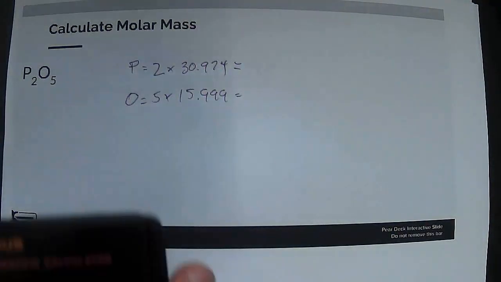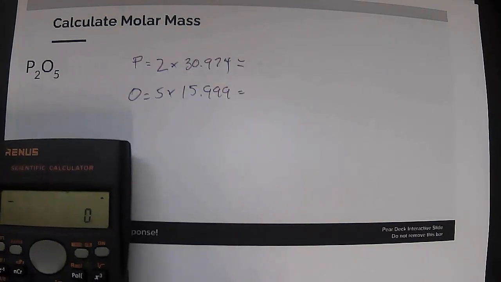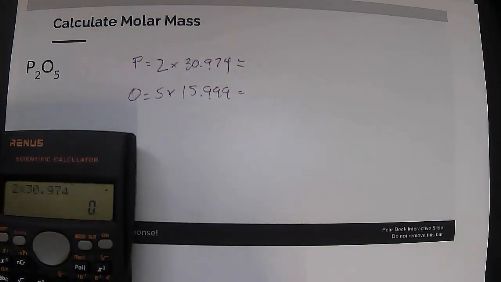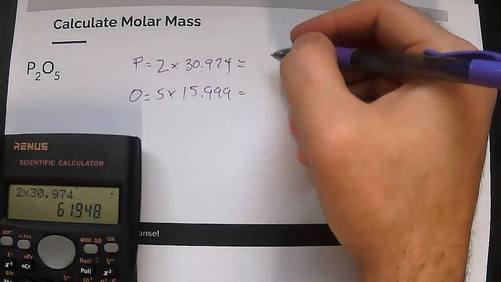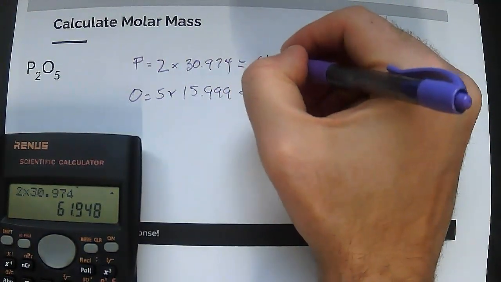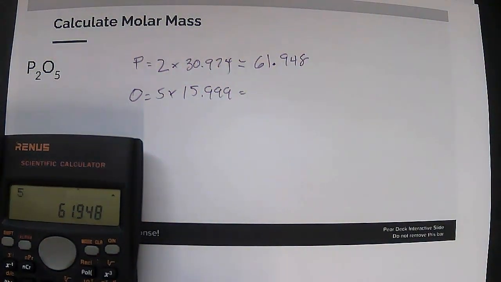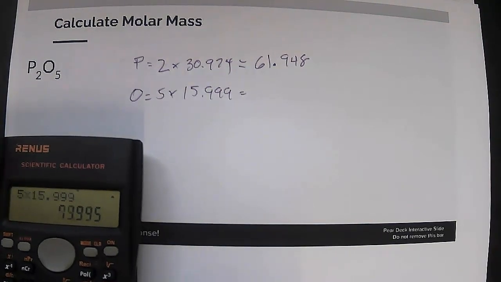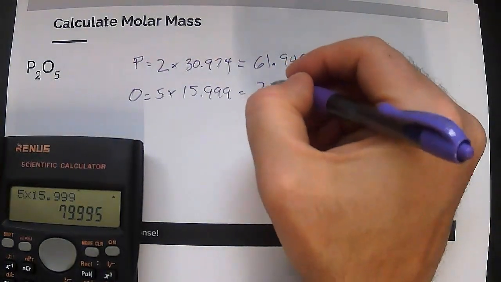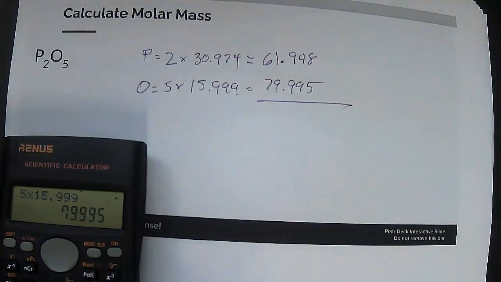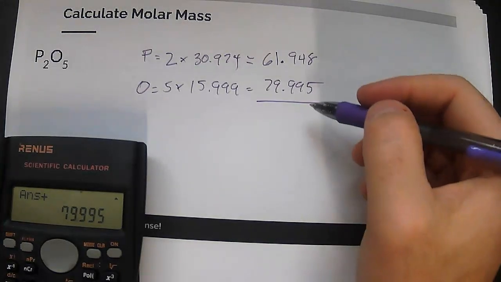So 2 times 30.974 is 61.948, and then 5 times 15.999 is 79.995, and now we are going to add these two together.